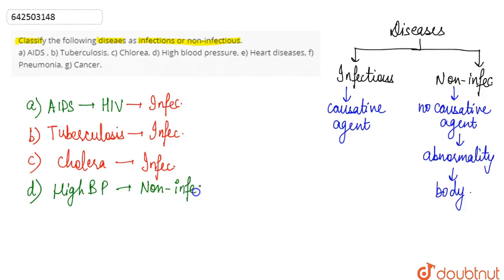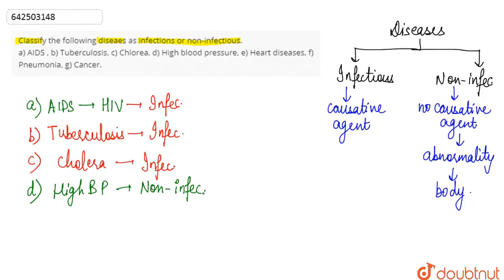If a person has high BP, it is not possible that it will transfer from one person to another. So this disease will not be transmitted. The disease that transfers from one person to another is infectious, while the one that does not transfer is non-infectious.